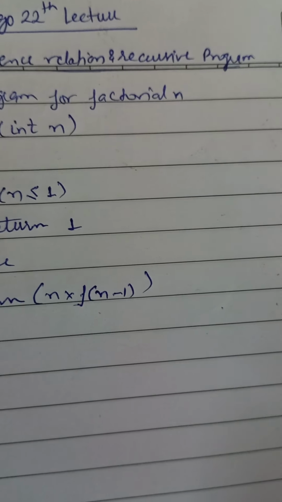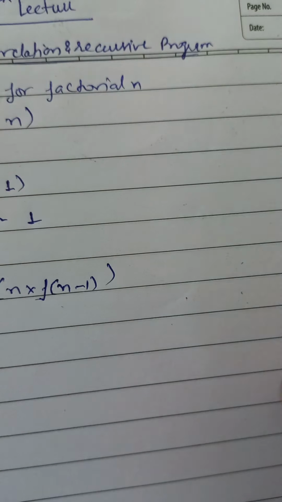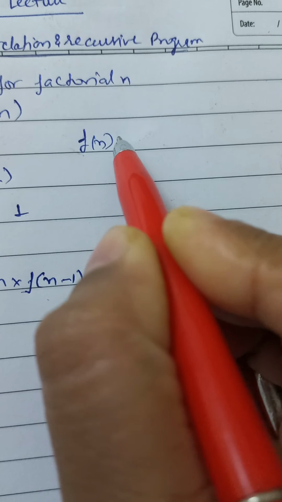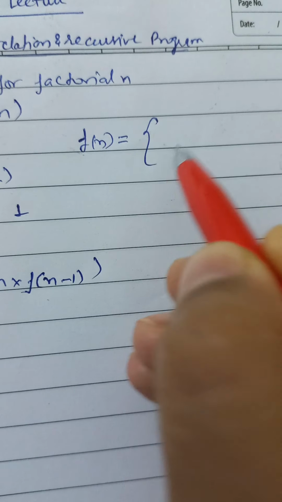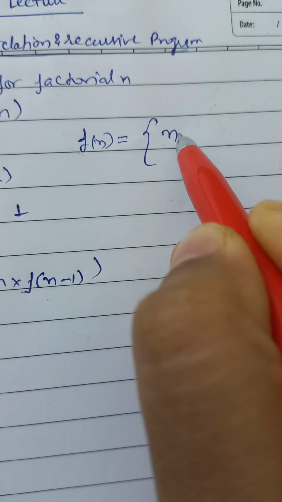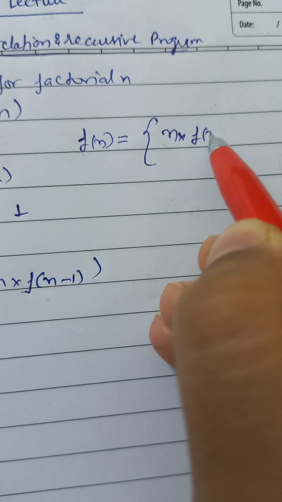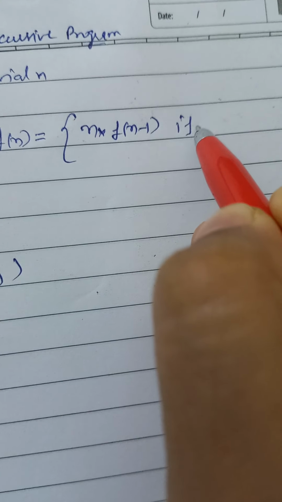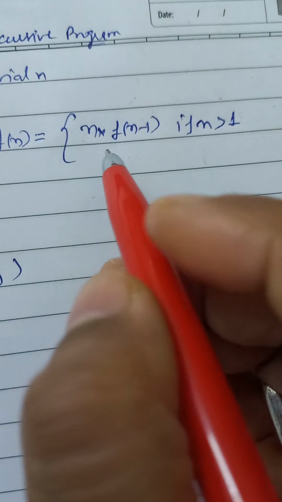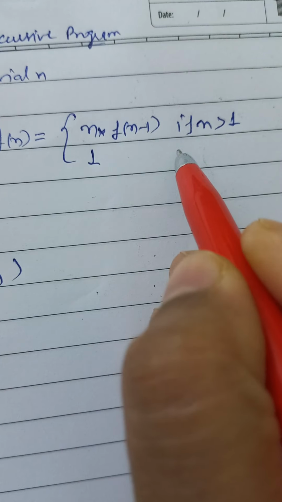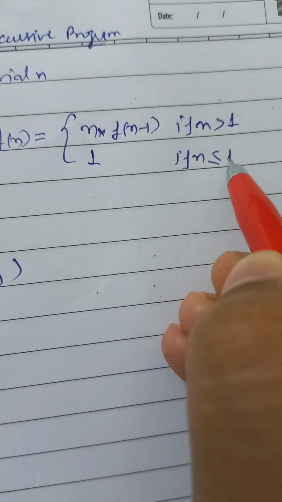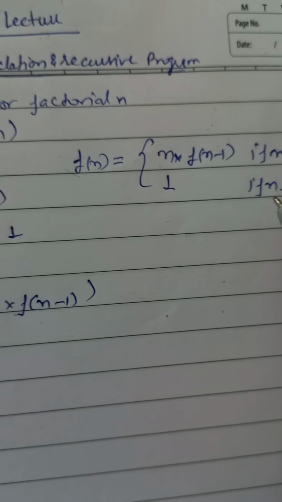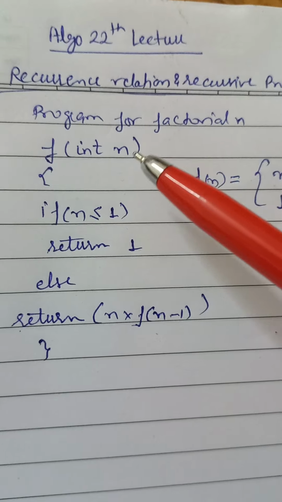So the recurrence relation can be written like this: fn is equals to n into fn minus 1 if n is greater than 1, and the value will be 1 if n is less than equals to 1. So in that way we can write the recurrence relation, and this is the way we can write the recursive program.